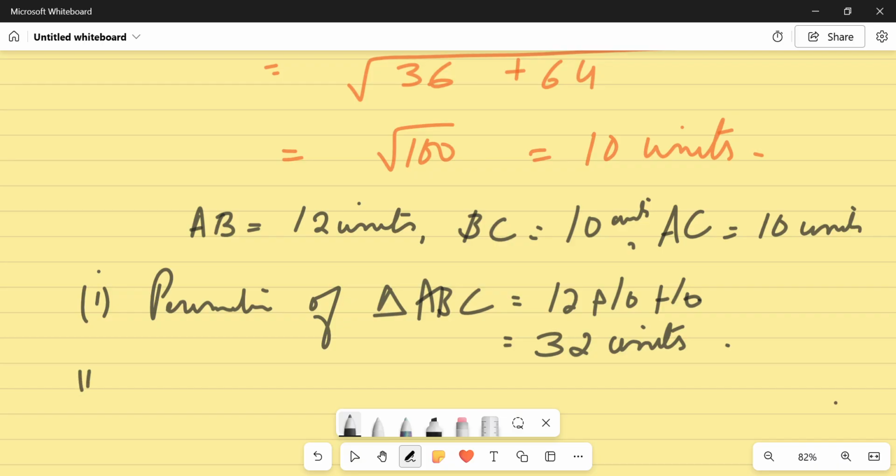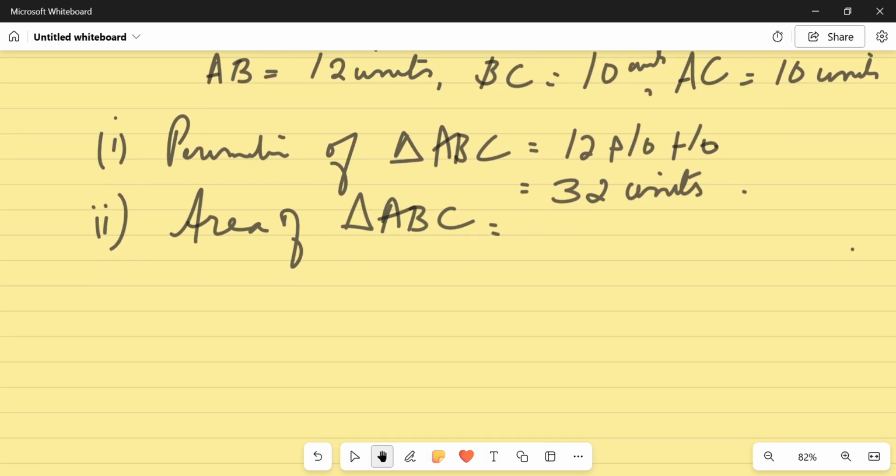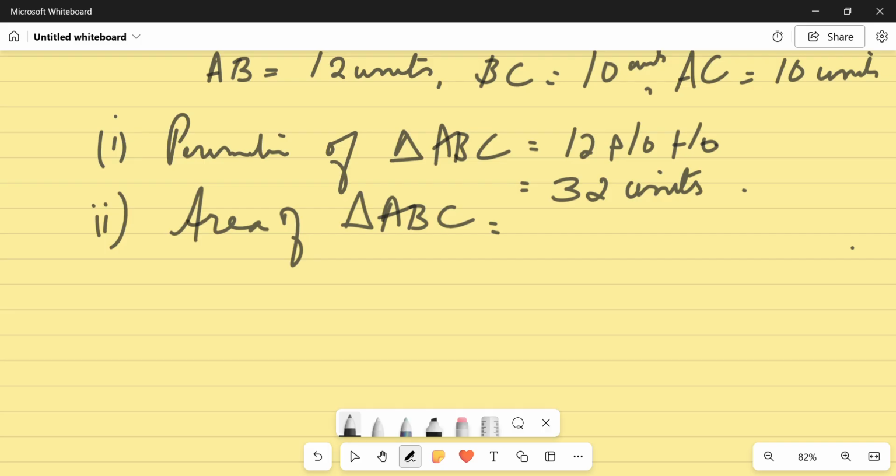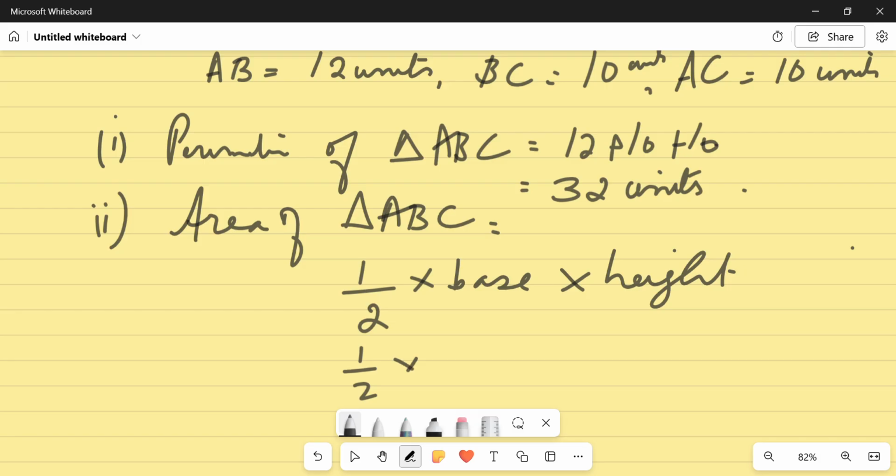Now the second part. You need to find out the area of triangle ABC. And what is the formula for the area of a triangle? We learned it in a previous grade. The formula is half times base times height, right? So half base.